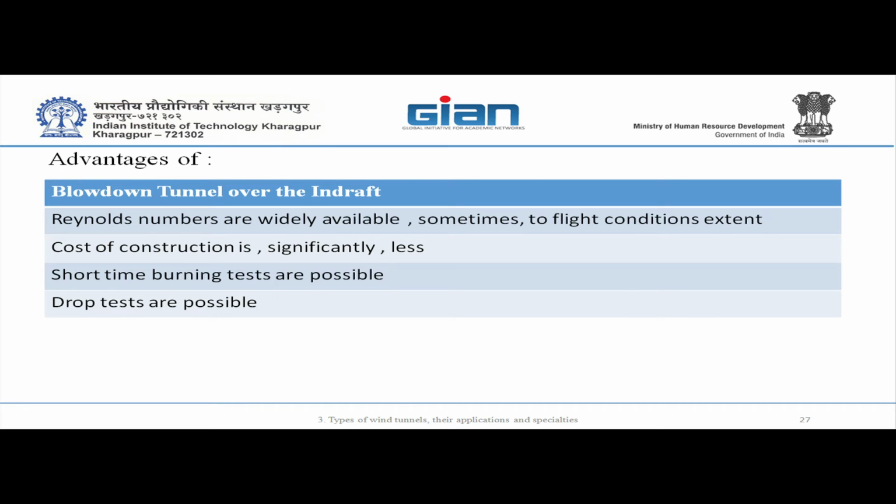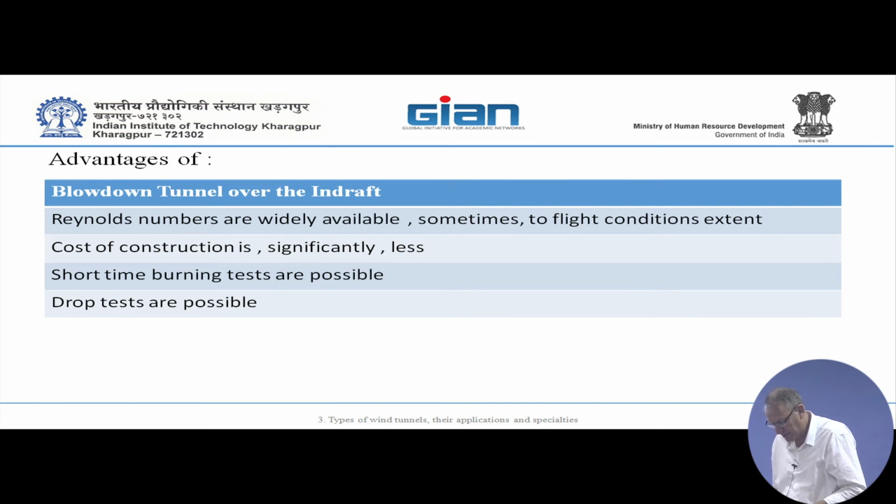Now we'll talk a little bit about the hypersonic regime, which is beyond Mach 5. Again, we are talking about blowdown, either in-draft to vacuum or suction by ejectors. You must have very low back pressure for hypersonic because the pressure ratio between stagnation and back pressure is very high.